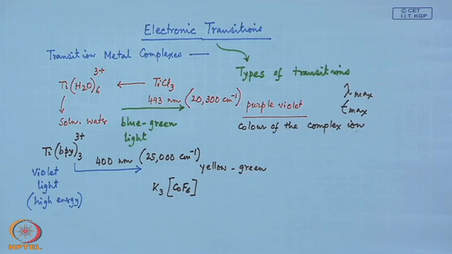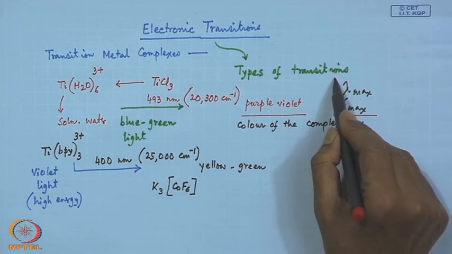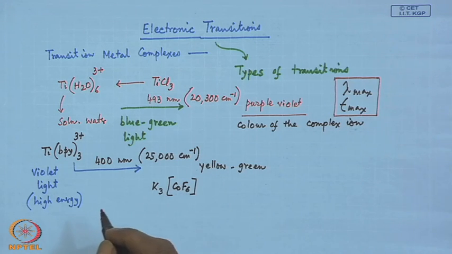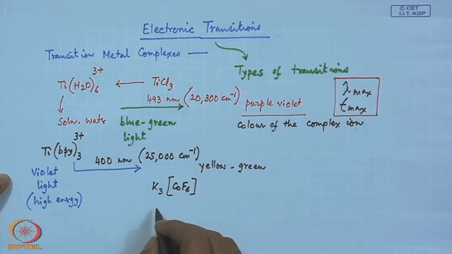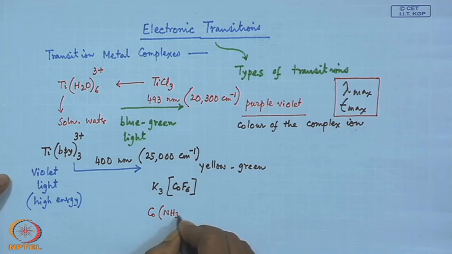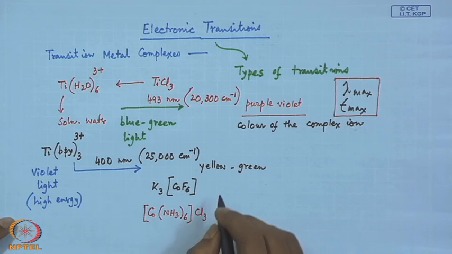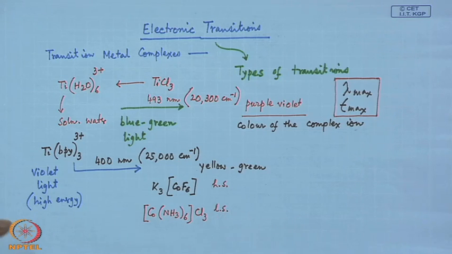So, the data we will be reporting for all these complexes will be the corresponding lambda max, that means the maximum absorption wavelength, and the corresponding molar absorptivity at that maximum value. So, this particular compound, if we just compare with our well known hexaammine cobalt 3 chloride compound, so you have Co(NH3)6 Cl3, and this compound is high spin and this is low spin.